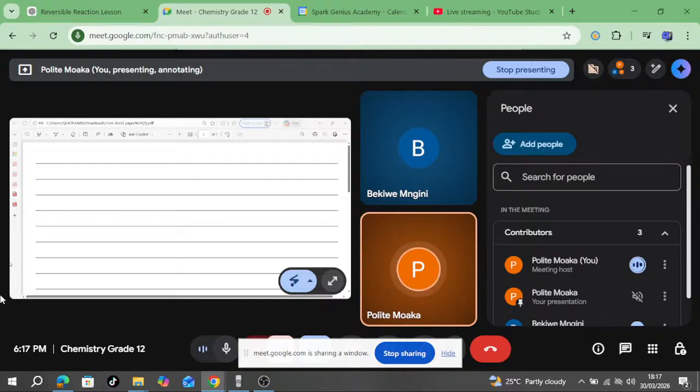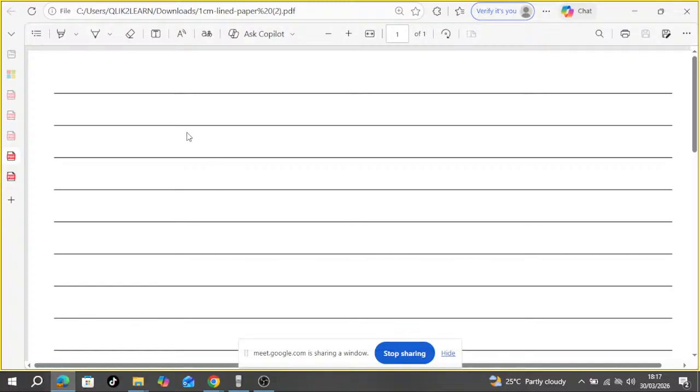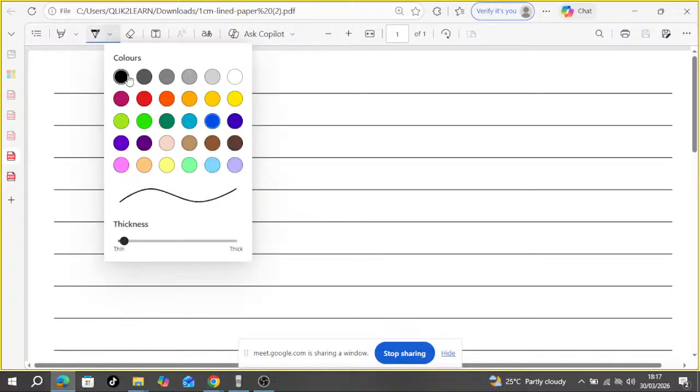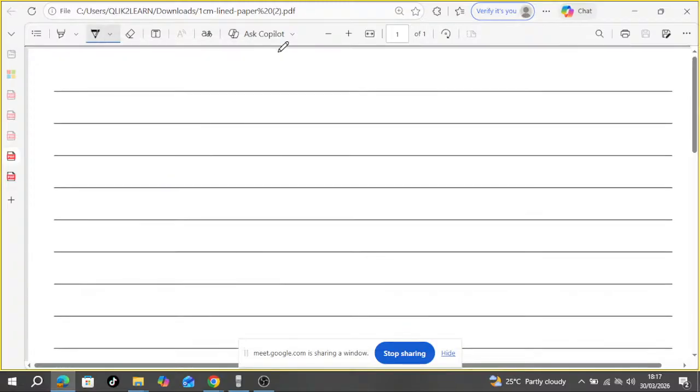Today we only have an hour, so let's see what we can do. Most of the time you're going to work on graphs of concentration and rate.